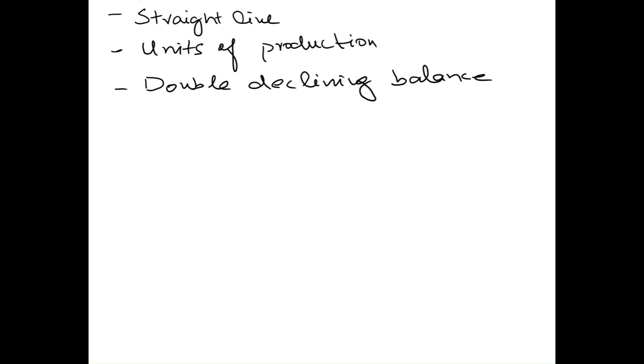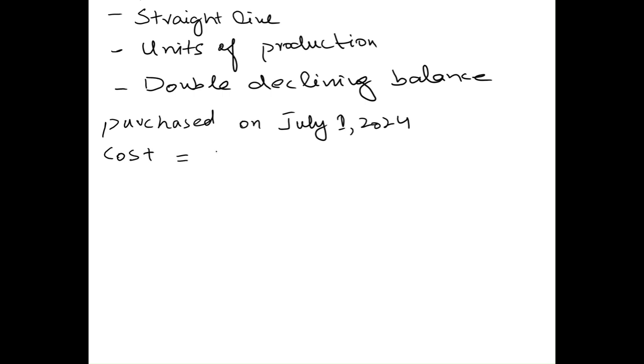So let's say we have an asset that was purchased July 1st, 2024. The cost of the asset was $1 million.